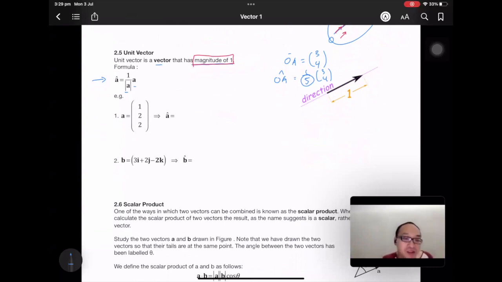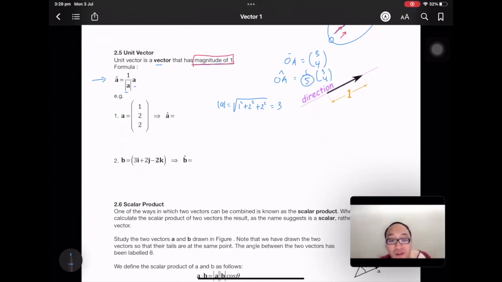Example, the same vector 1, 2, 2. What is the unit vector of A? So we know that the magnitude of A is the square root of 1 squared plus 2 squared plus 2 squared, which equals 3.